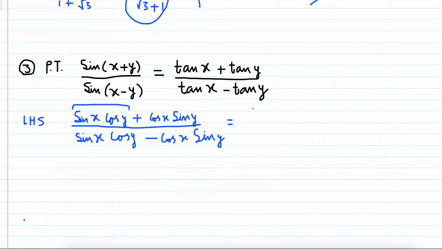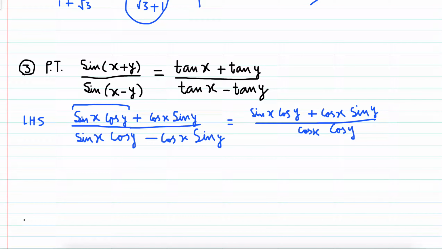So sin x cos y plus cos x sin y. We will divide the entire thing by cos x cos y, and the denominator also we will divide by cos x cos y.